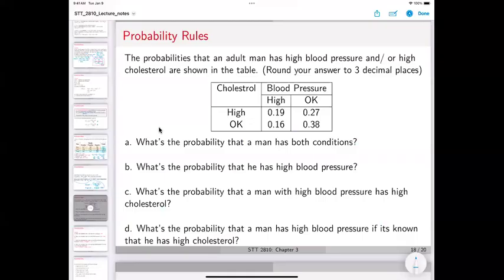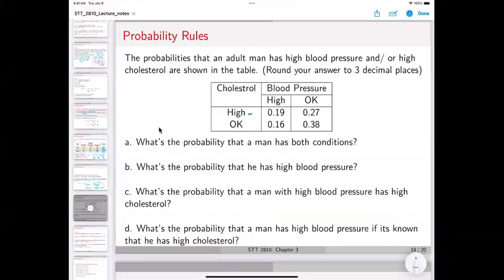This is cholesterol, so high cholesterol or no problem, and then you have high blood pressure or you don't have high blood pressure. Remember, this table is a probability table. Is that okay?